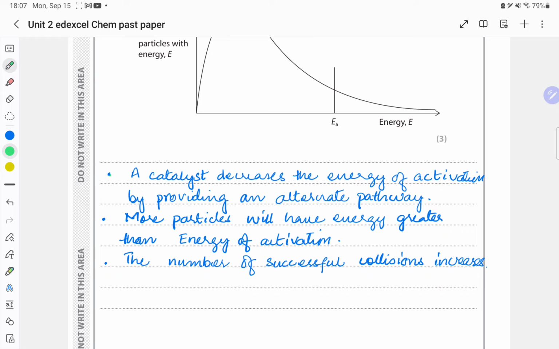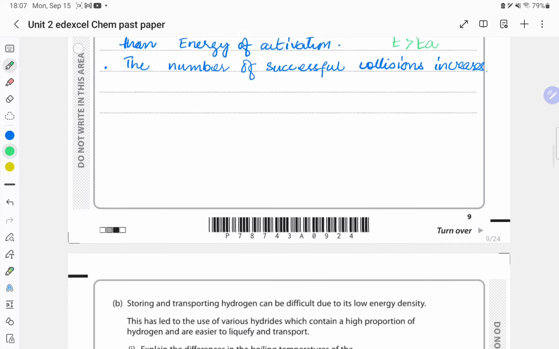More particles will have energy greater than the activation energy, and the number of successful collisions increases. As it is 3 marks, you have to give at least 3 points to gain full credit.